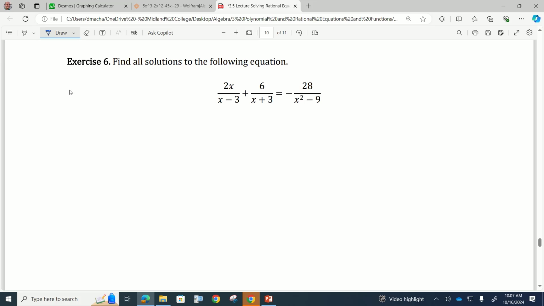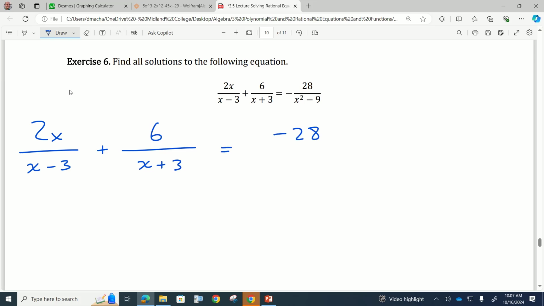Find all solutions. So I want to factor the denominators. Step number 1. How does this denominator factor? Very good. x minus 3, x plus 3.